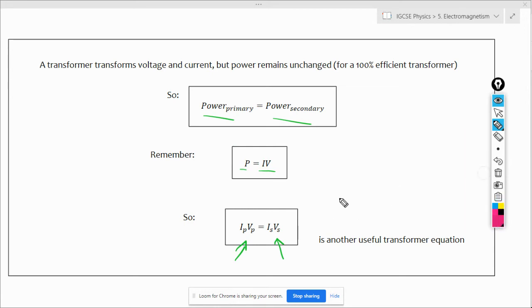And so one of these might be an unknown. Maybe it's the voltage on the secondary that you need to solve for. In that case, all you would have to do is rearrange this equation and say that the voltage on the secondary would just be the current on the primary times the voltage on the primary divided by the current on the secondary. Maybe. Who knows what you'd have to be solving for, but it's very simple.